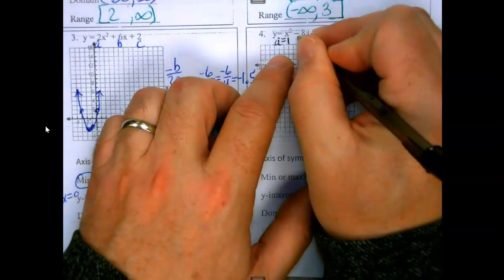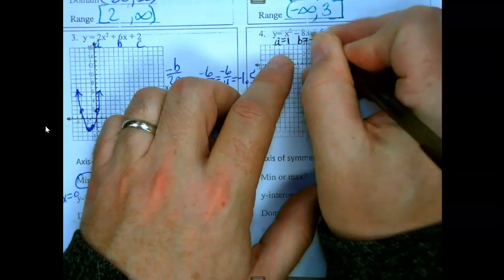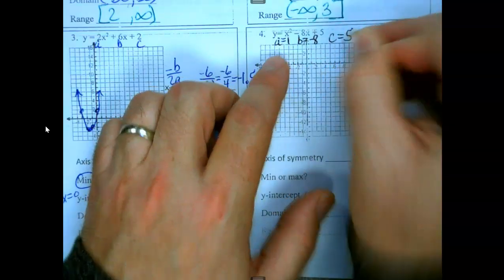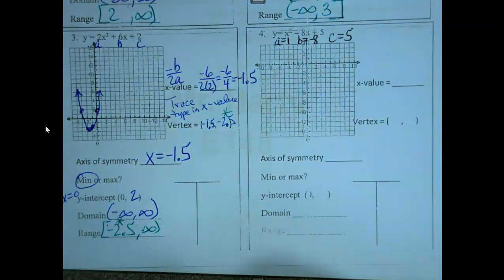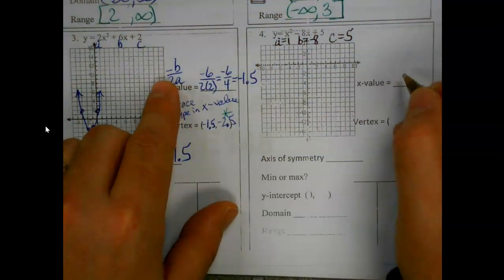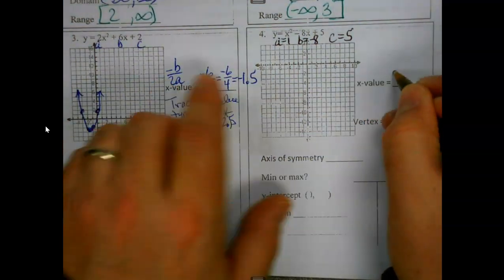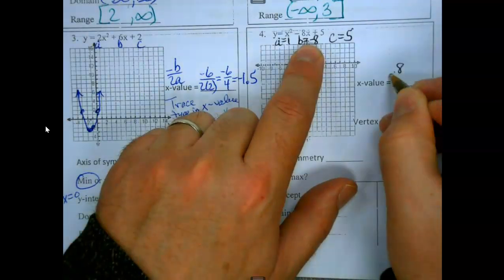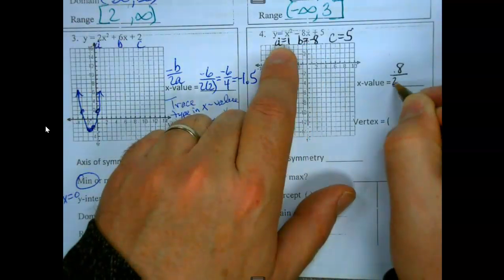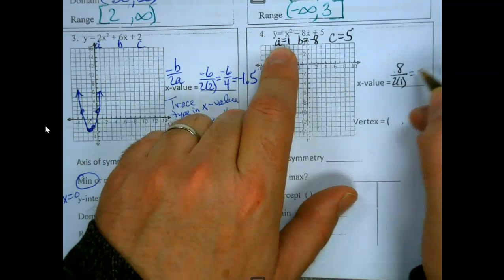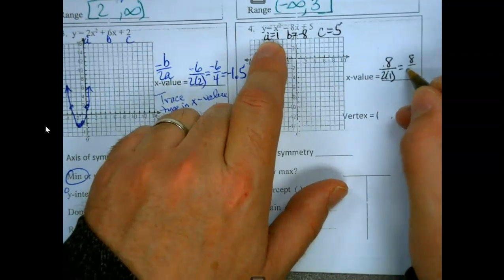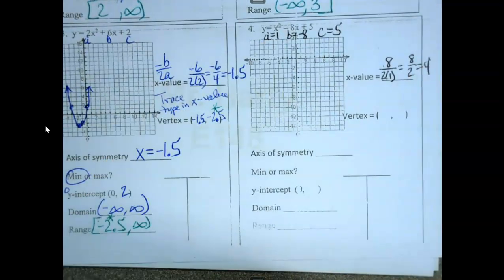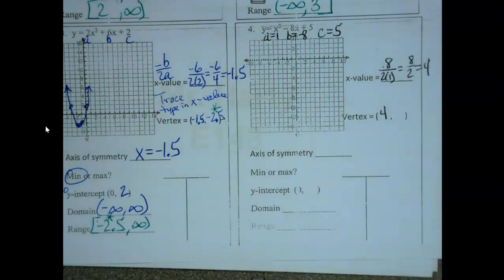A is 1. B is -8. C is 5. So we got the opposite of -8 over 2 times 1. So let's see. 8 over 2 is 4. That's better.